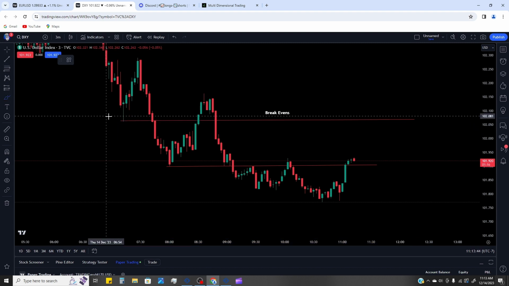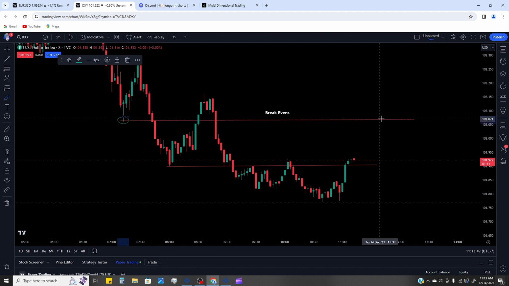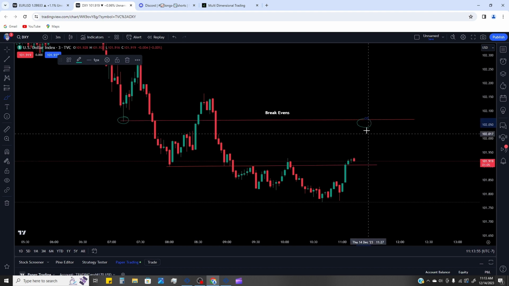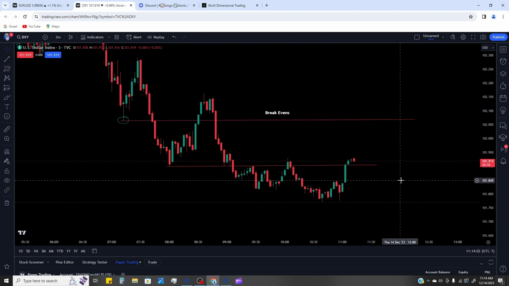That's equal points of contact. It's going to be break evens for those people who got flushed out. People who thought the price was going to go up, people who bought the lows, thought they had a good price because it's been running down for hours.